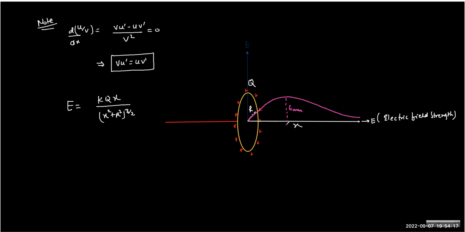I just want to know the location at which this is happening. So find x at which E becomes maximum. So this is your question.